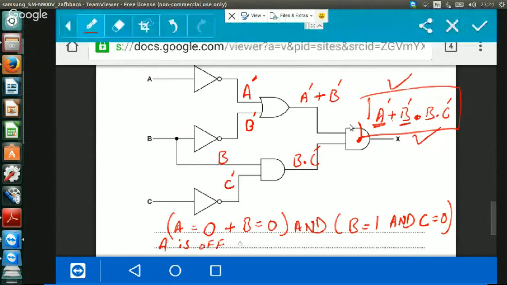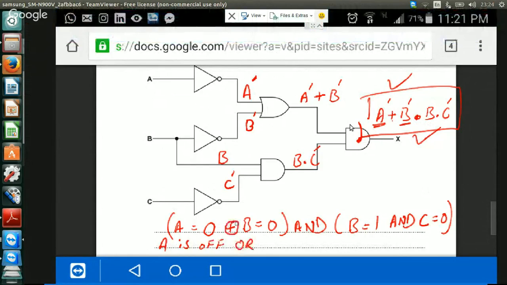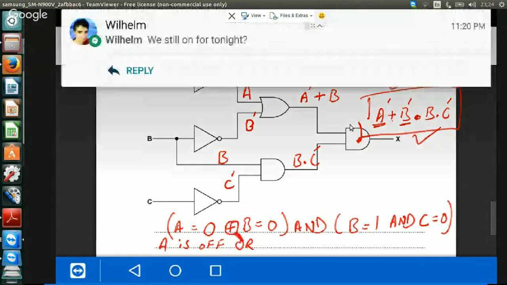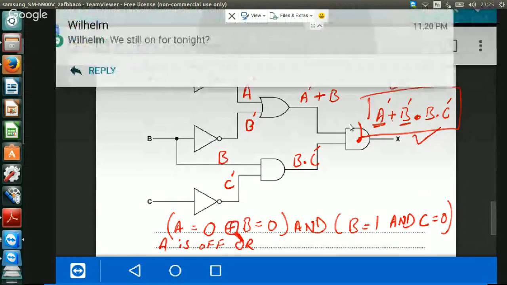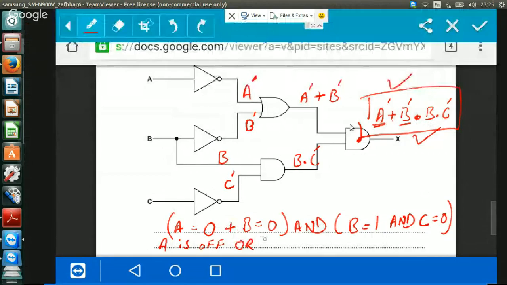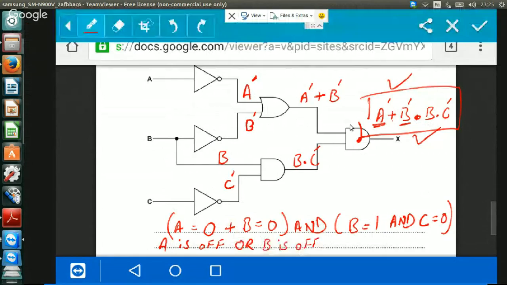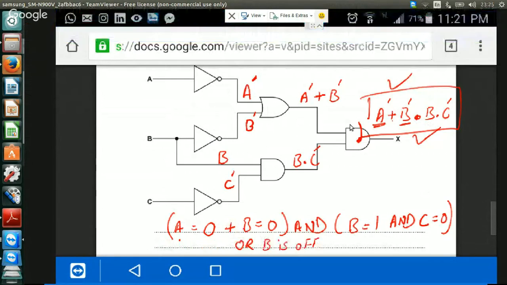Or, this plus means OR. And B is off. You can also write down A and B both are off. It's totally up to you. This is still going to work fine as well.